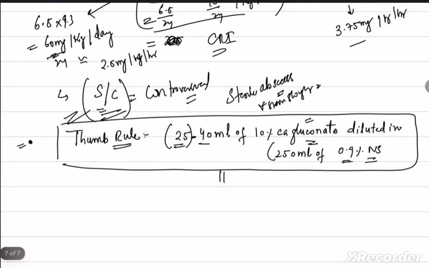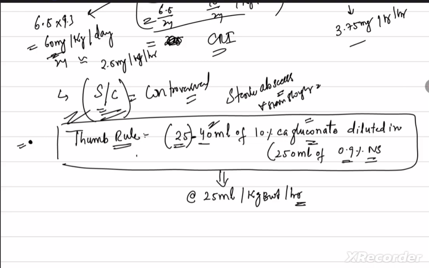When you have made this solution, infuse it at the rate of 25 ml per kg body weight per hour. This is the thumb rule: 25 to 40 ml of 10% calcium gluconate diluted in 250 ml of 0.9% normal saline.